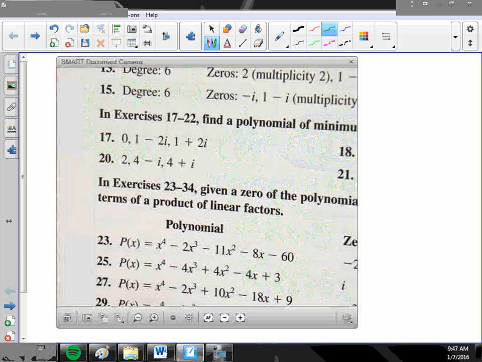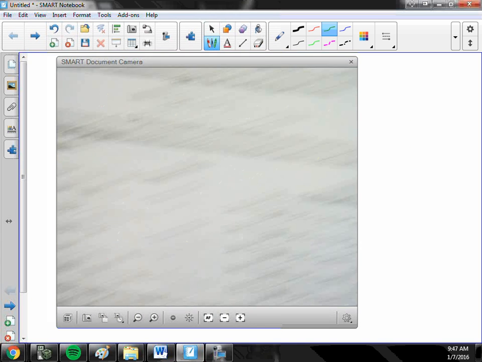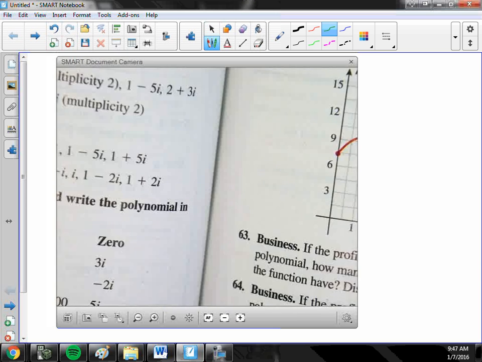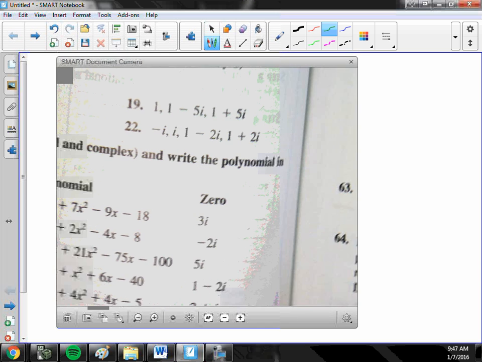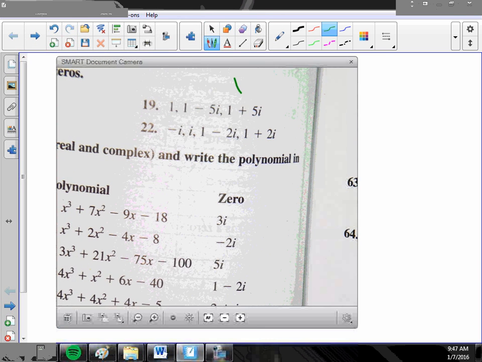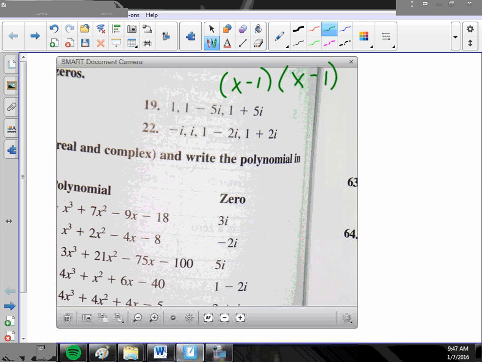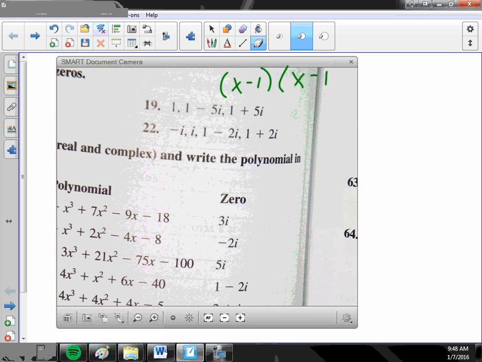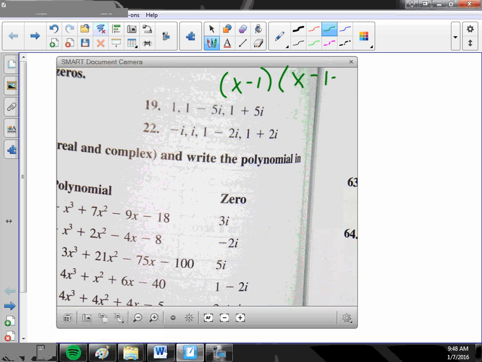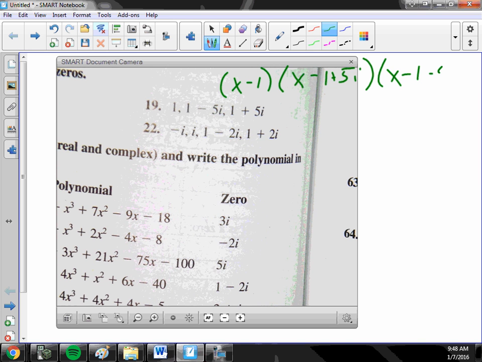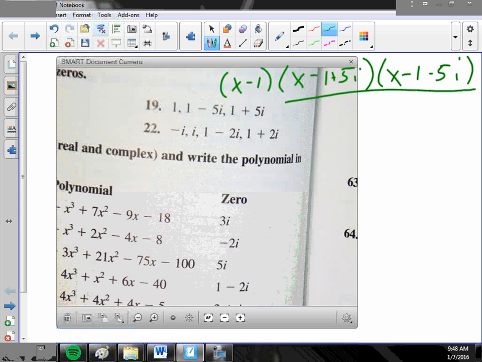So if you look at number 19, we're going to have x minus 1 times x minus 1 plus 5i, and x minus 1 minus 5i. So I would do these first. That way you can skip all the i's but the last one, and then bring that x minus 1 in.